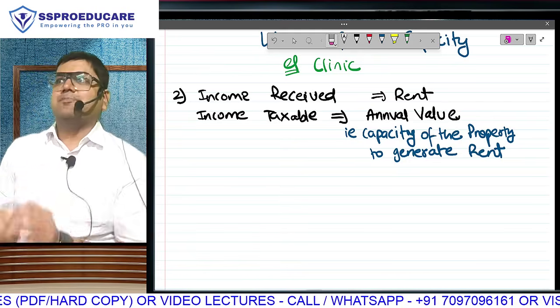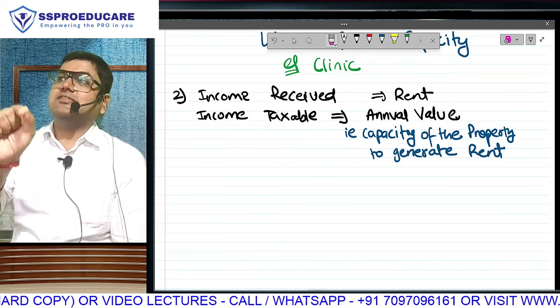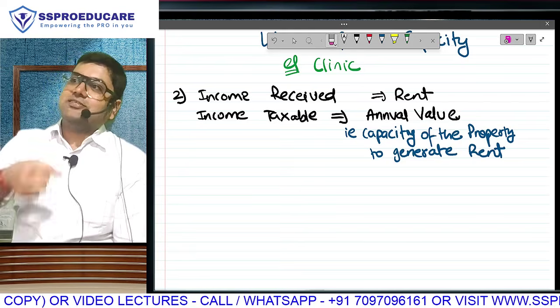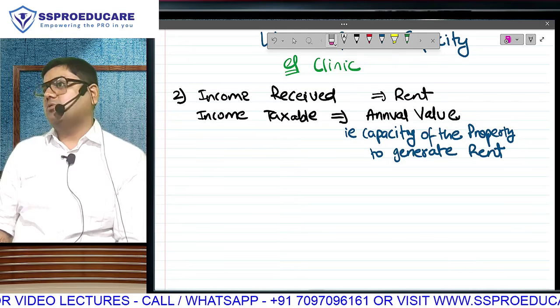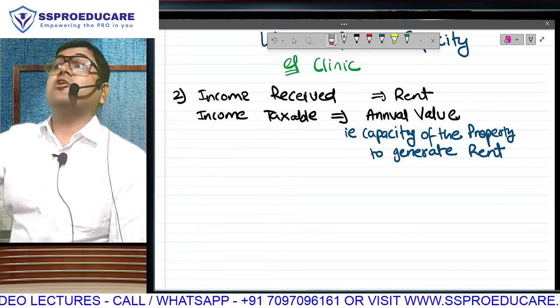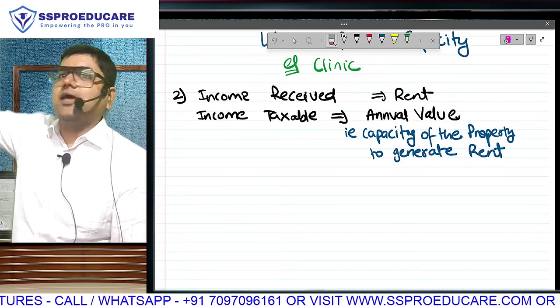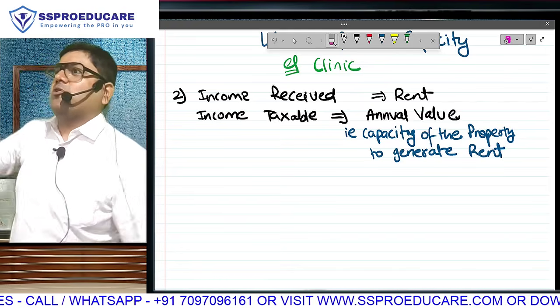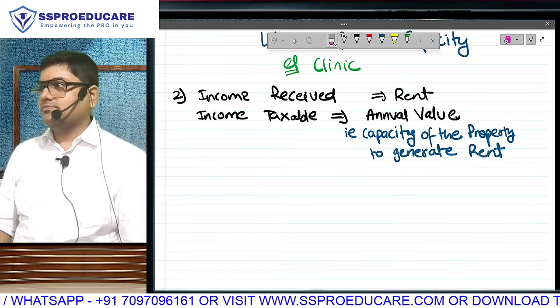There are 7 steps in that calculation, and the amount of each step will be decided by someone else. Step by step, when I do the calculation of annual value, at that time you will come to know. Right now we are not in the calculation, we are in the conceptual part. First make the concept clear. In case you are too anxious to know, the municipal corporation decides. How does it decide? Let's wait for the calculation.